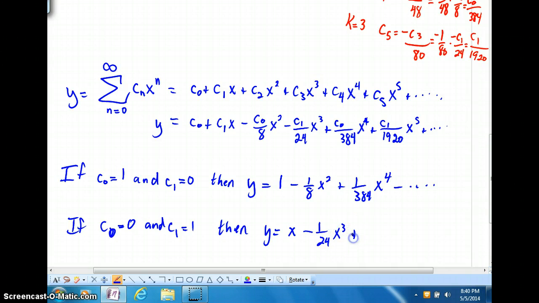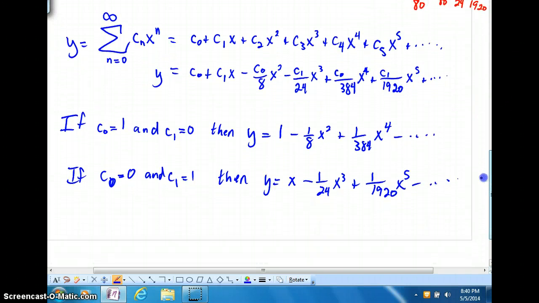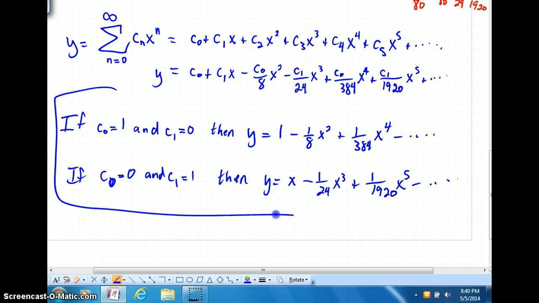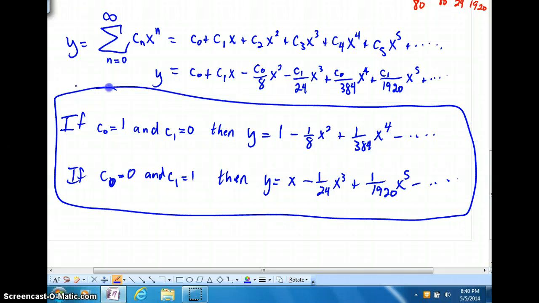And very quickly we can arrive at another series that would work just as well. Of course, if these two series are each solutions, the sum of them we would expect to be a solution as well. So this is how we could go about finding two different series solutions. Of course, adding them together would yield a solution as well.